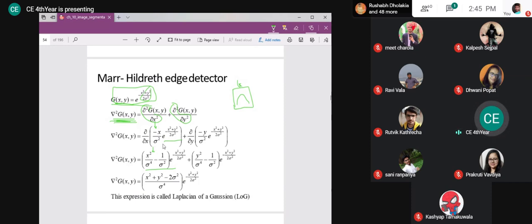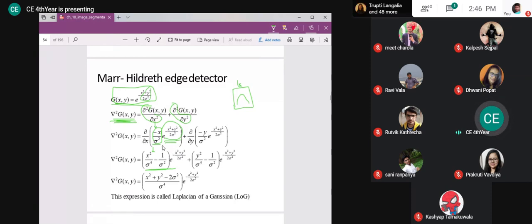Now we go for the second order, the second partial differentiation. Here we need to apply the multiplication rule. We first differentiate this part and keep the other as it is, plus we keep this as it is and differentiate the other. This will be our solution, you can verify it.